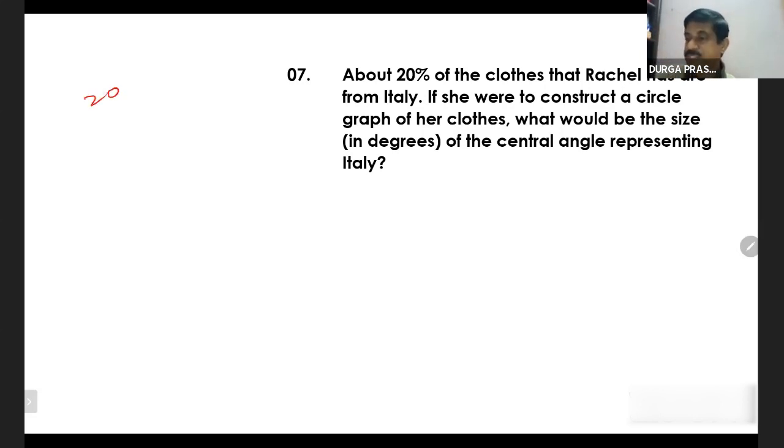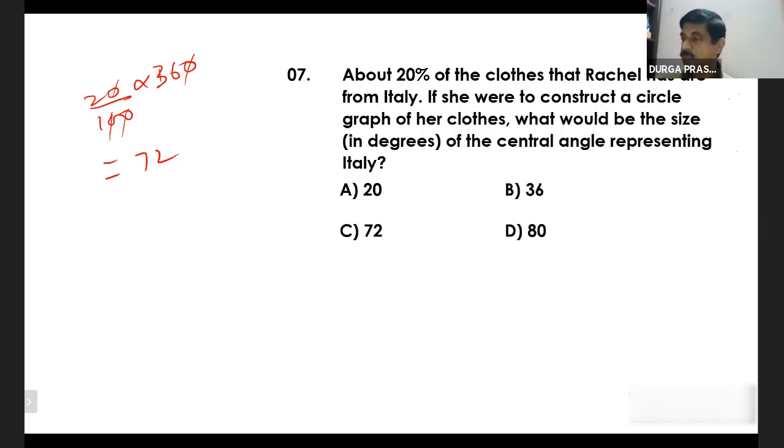So 20% of total 360 degrees. So this is 72 degrees. So look at those options. We have option C with 72 degrees. Please note it fast.